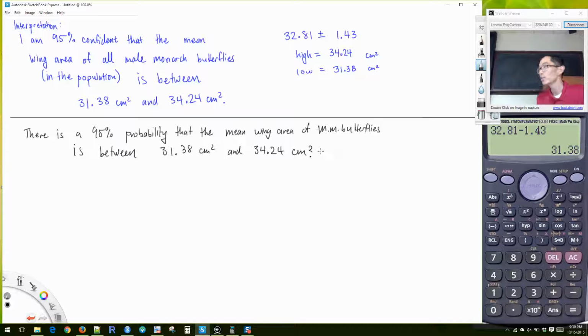And the answer is no. What's going on is that if the mean wing area of male monarch butterflies in the population is some number, okay? It's fixed. There's no uncertainty about that number, okay? So when we talk about probability, it only makes sense to talk about probability of uncertain events.